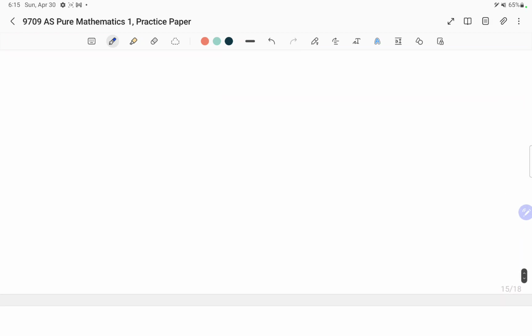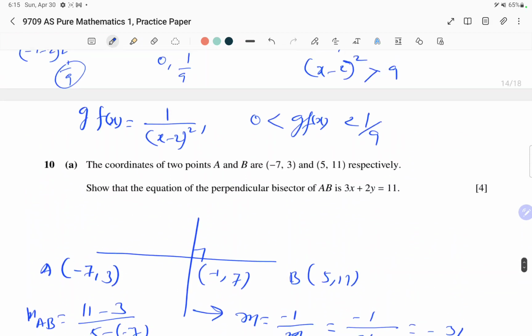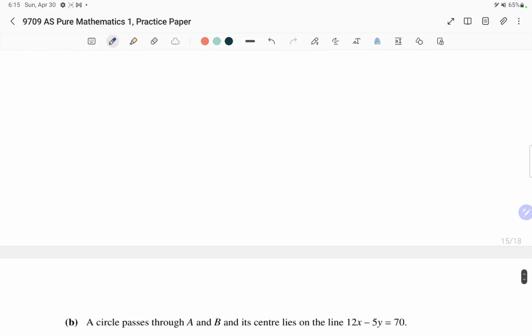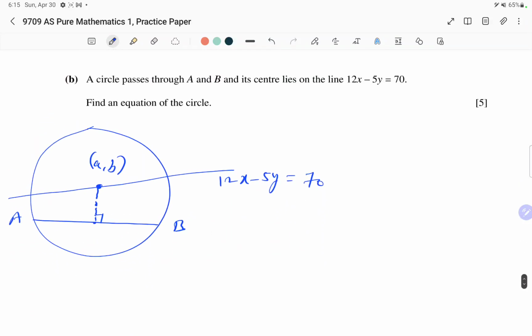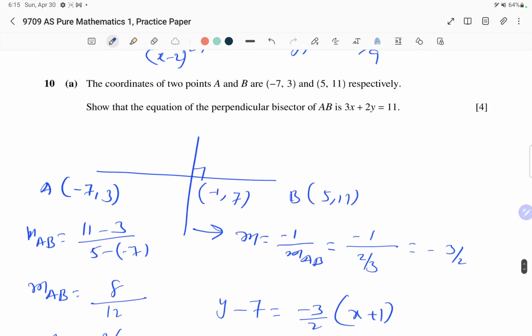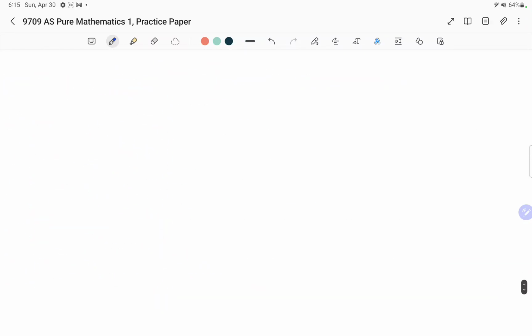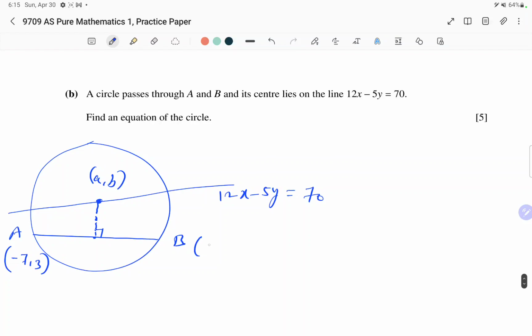So A is (-7, 3) and B is (5, 11), and the midpoint is (-7 plus 5) over 2, so minus 2 over 2 is minus 1, and 3 plus 11 over 2, so that is 7.